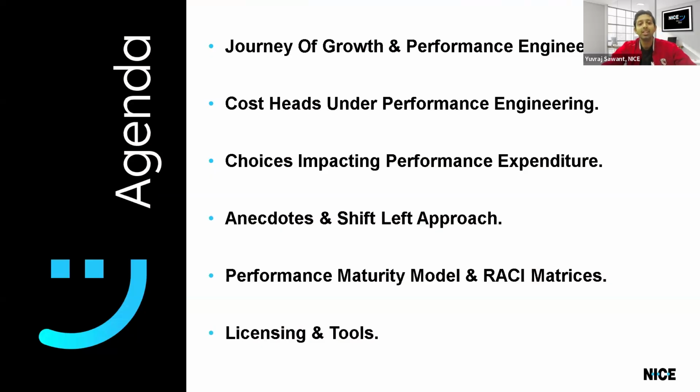As part of today's agenda, we will go through the journey of SaaS product development and various factors that we usually consider, which influence performance engineering and help us attain our performance goals. In these initial phases, I will be covering the business, architectural and engineering aspects that need to be considered.